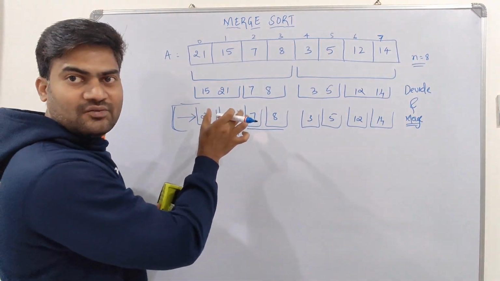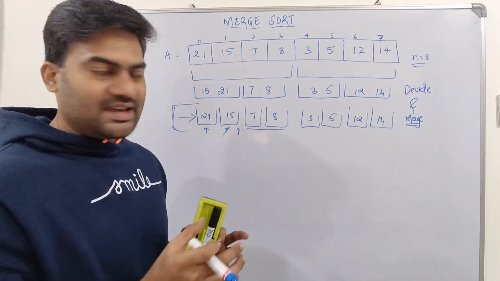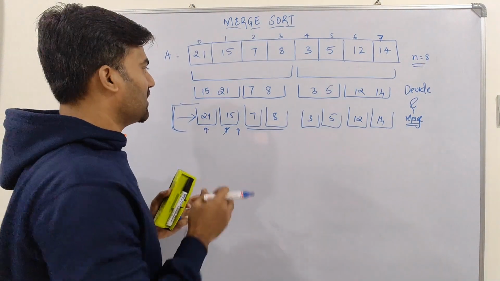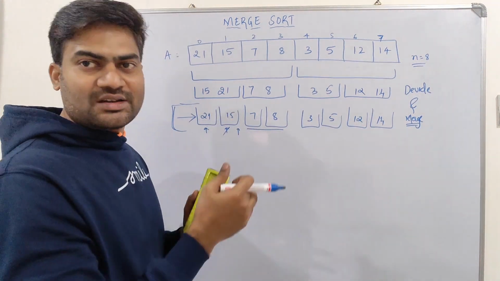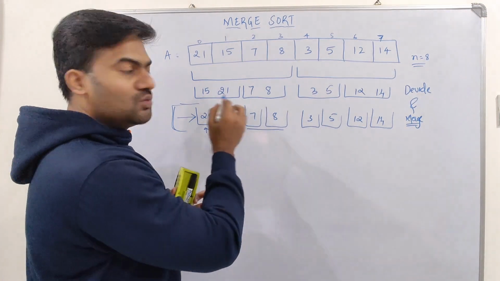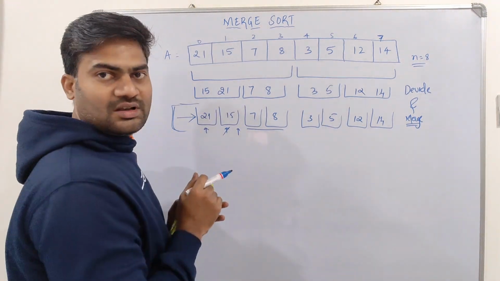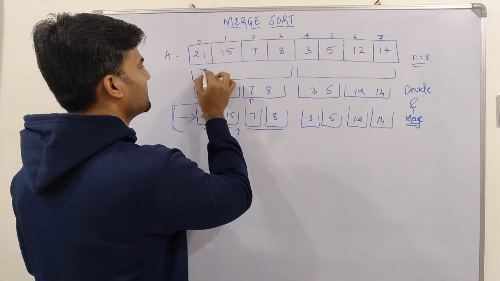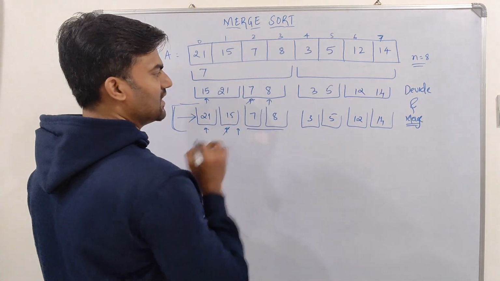Here we can surely say these elements are in their sorted order. Now we can again apply the merge procedure to merge these two arrays. So now I will put a pointer here, 7 is smaller, I will take it and increment.